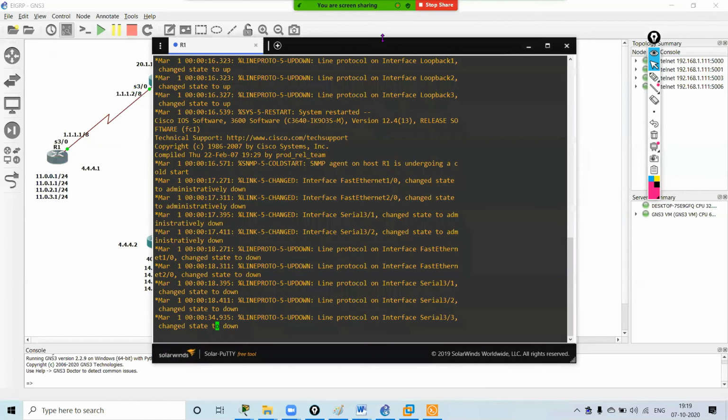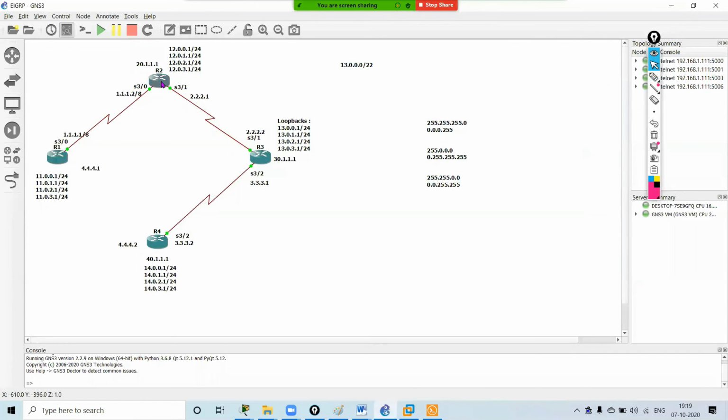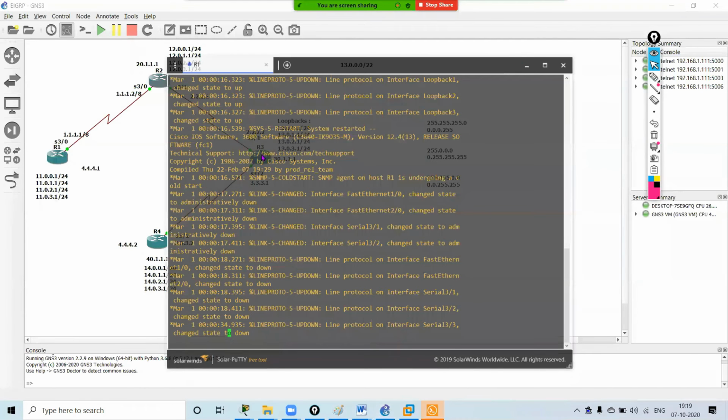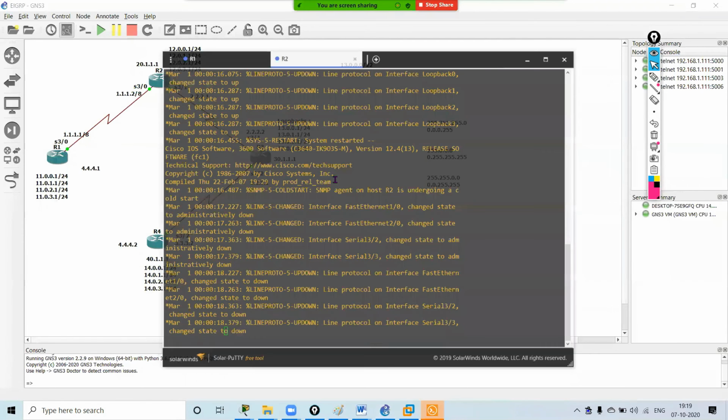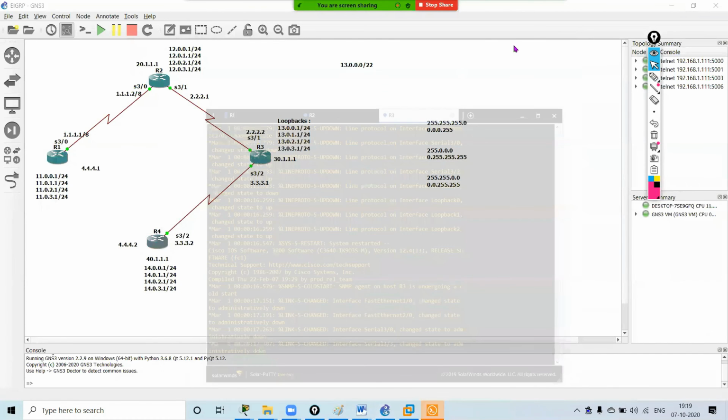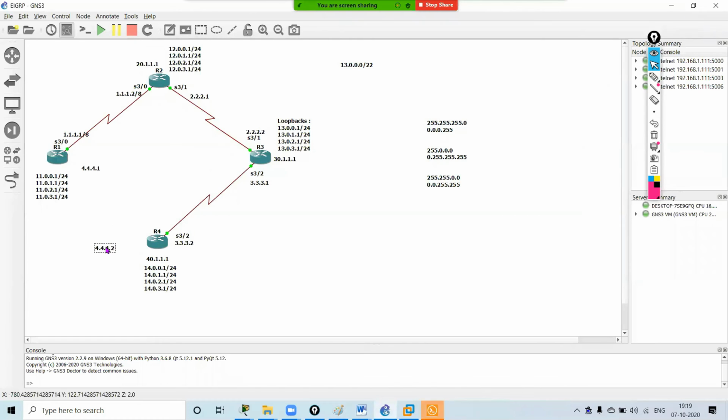I have the IP addresses pre-configured. I just need to configure routing protocols. Sorry, the 4 dot link is not there, there is no link between R1 and R4.